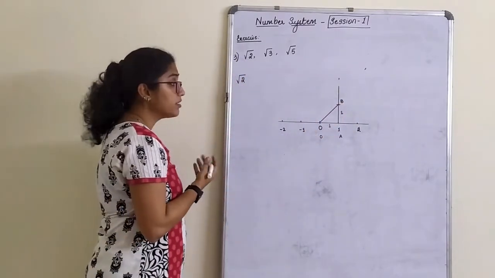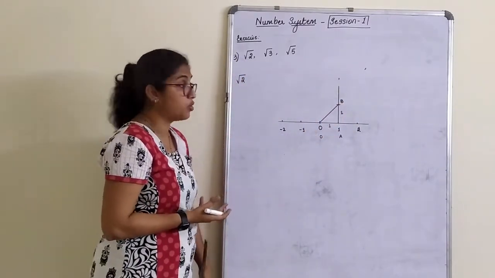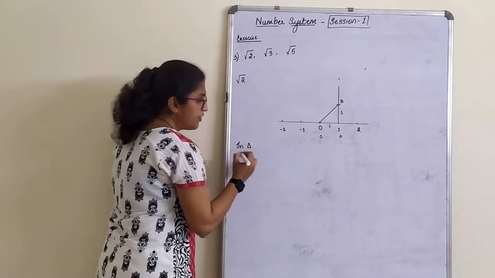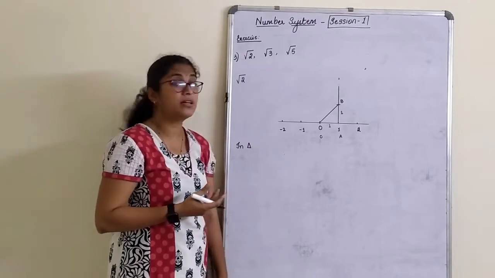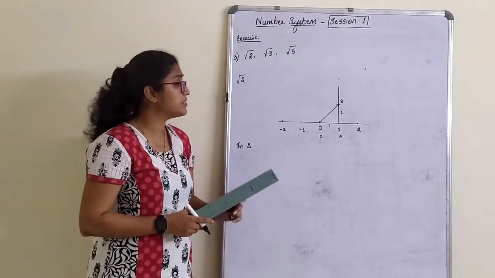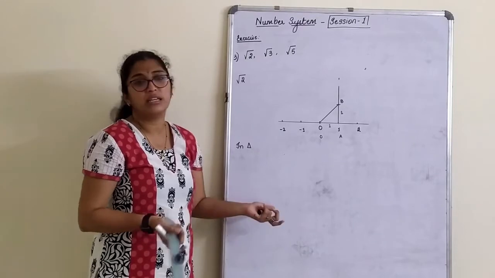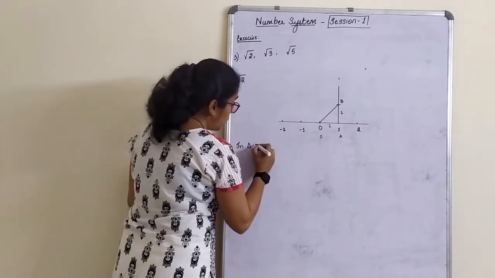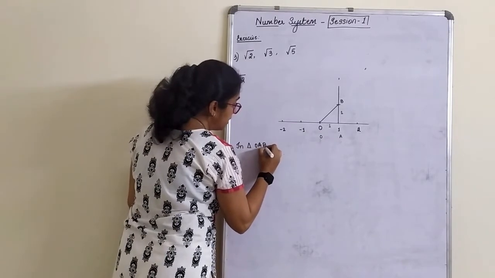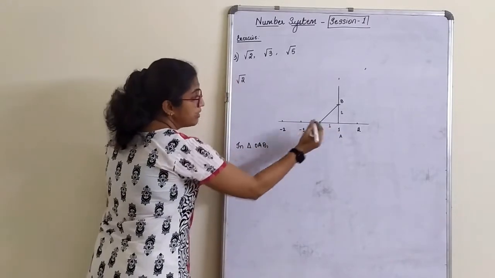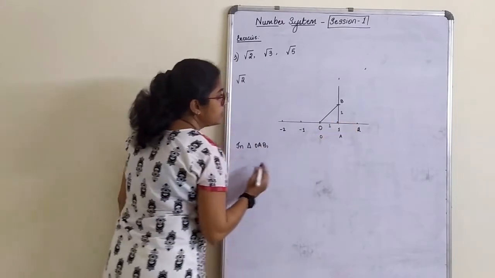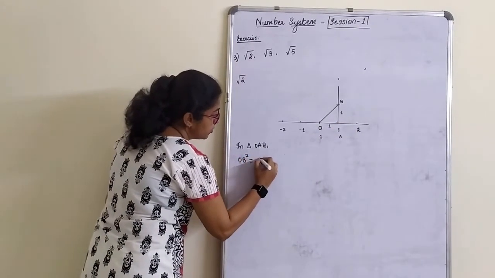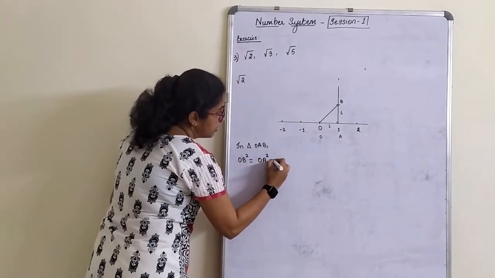Now, calculation, you should know whether it is root 2 or not. So what we will do now? In a triangle, this verification is a must. For some of you in school, sometimes they say you can skip this verification. It's up to you. I will teach the verification part here. In triangle OAB, this will be 90 degrees, correct? So the Pythagorean theorem, what does it tell? Square on the hypotenuse is equal to the sum of squares on the other 2 sides.